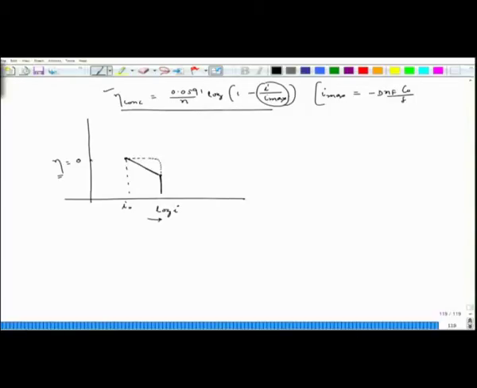Okay. So, this is activation polarization and this part is concentration polarization.